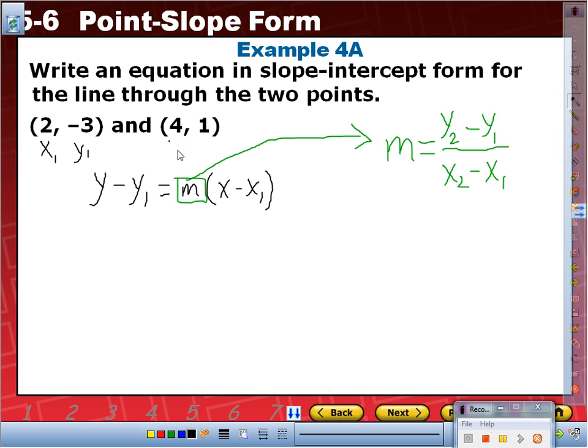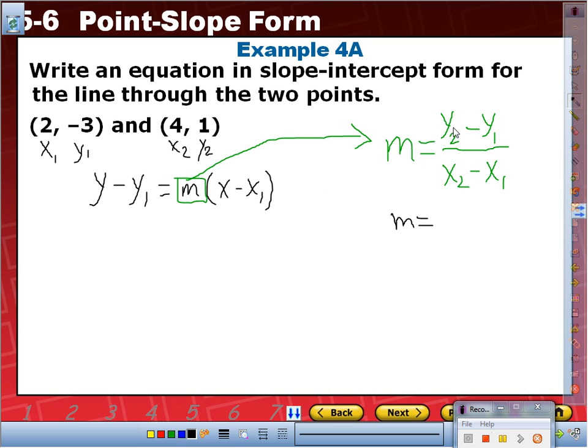This one is x sub 2, y sub 2. Everybody following? Now let's substitute this into our formula. So we get m equals. Notice I'm still not continuing here till I find a slope. With the slope, we know what to do after that, right?